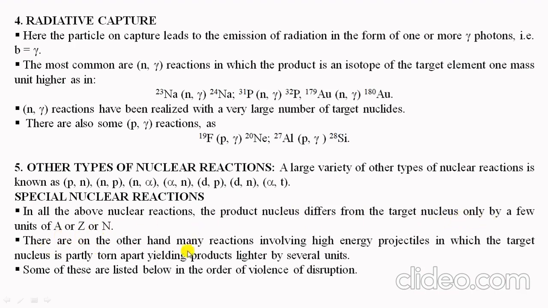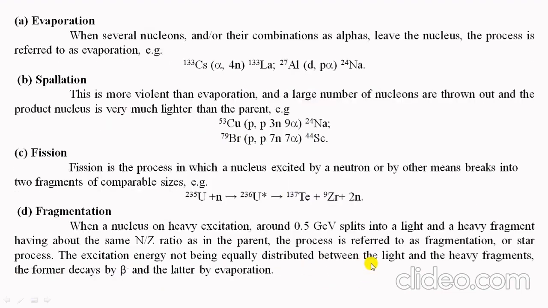But on the other hand, there are many reactions involving high energy projectiles in which the target nucleus is partly torn apart or broken apart, yielding products lighter by several units. Some of these are listed below, so let's see which are these.